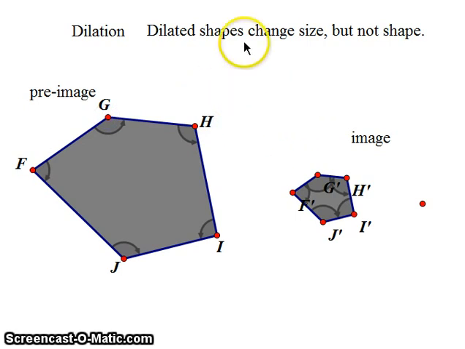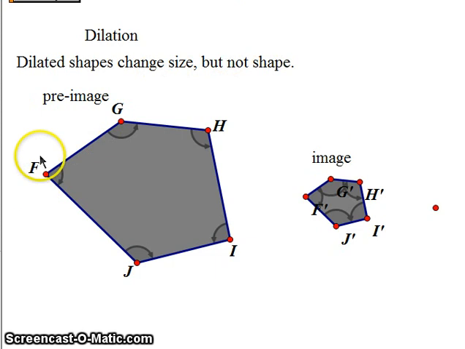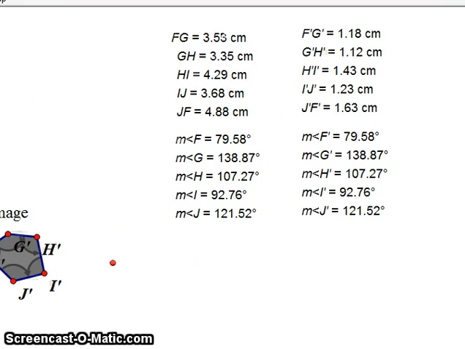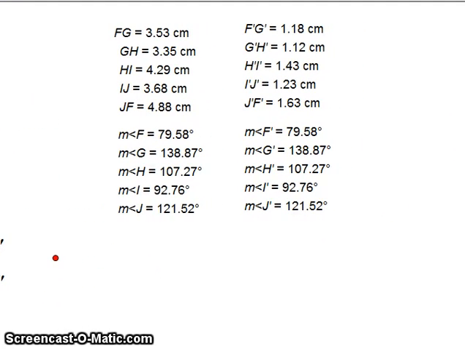Let's take a look at some interesting properties between two shapes, the pre-image and its dilated shape. As you can see here, the pre-image has the coordinates F, G, H, I, J, and the image has the coordinates F', G', H', I', J'. Let's look at the side lengths and the angles.